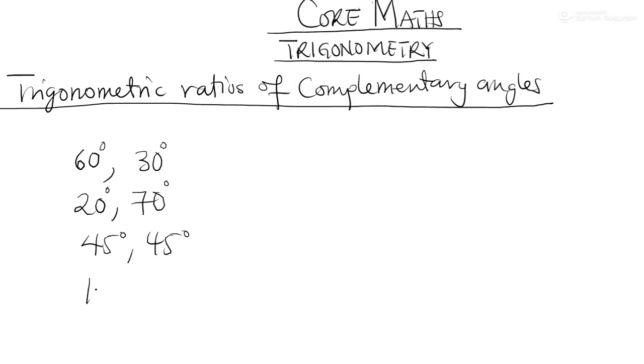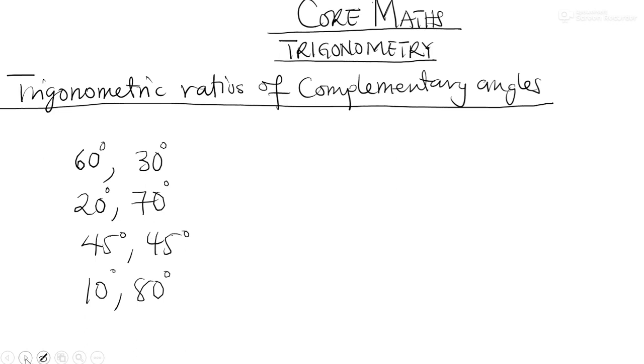You can have 10 degrees and 80 degrees. So these are all examples of complementary angles. They are two angles that sum up to 90 degrees. Good.